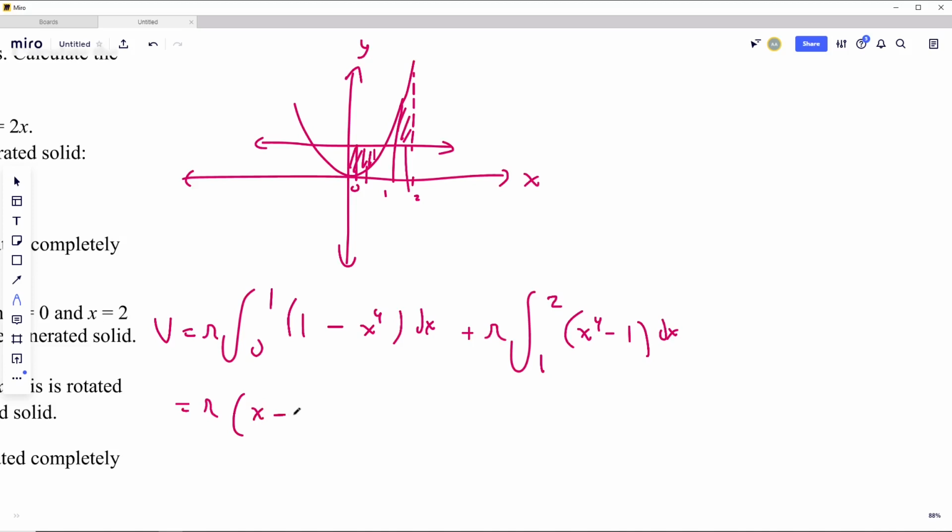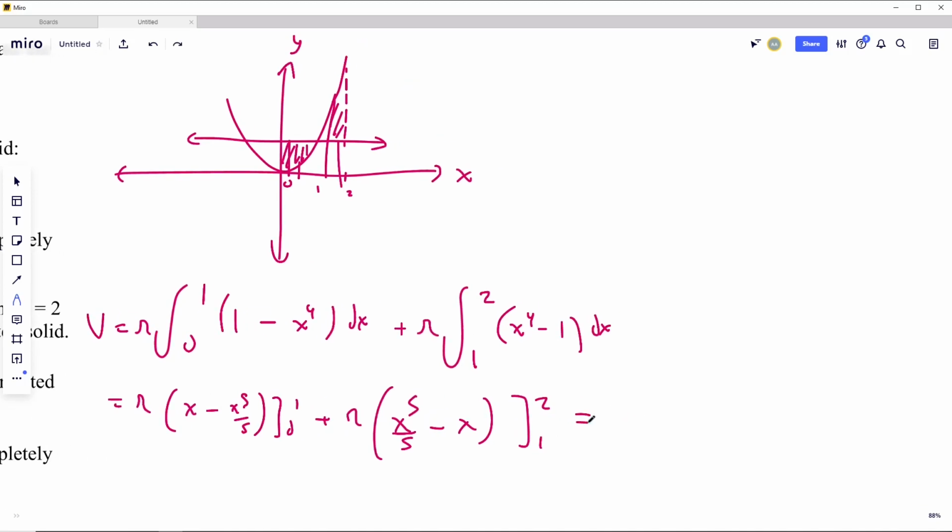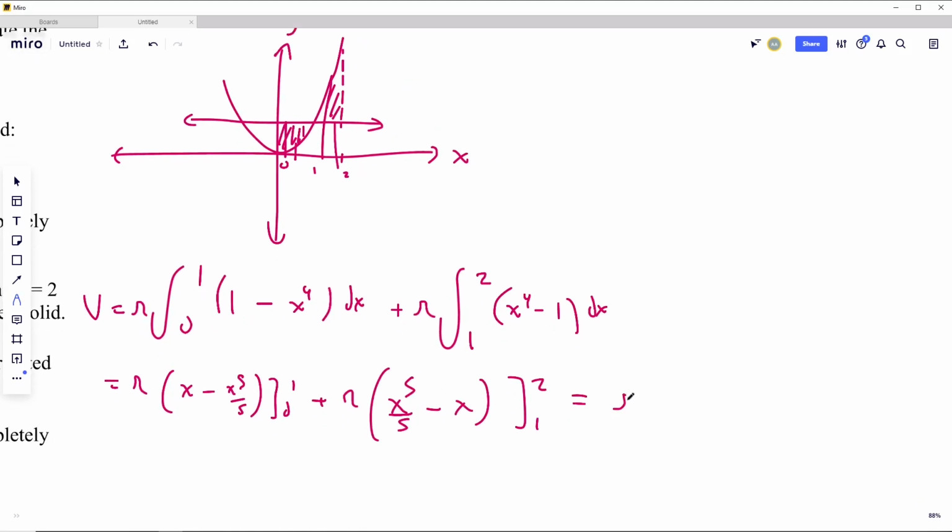So here you're going to get x to the power 5 over 5 from 0 to 1, plus pi times x to the power 5 over 5 minus x from 1 to 2. Pi times 1 minus 1 over 5, that's 4 over 5, so 4 pi over 5.